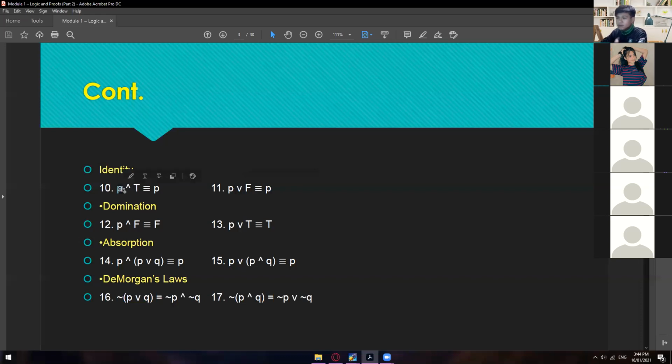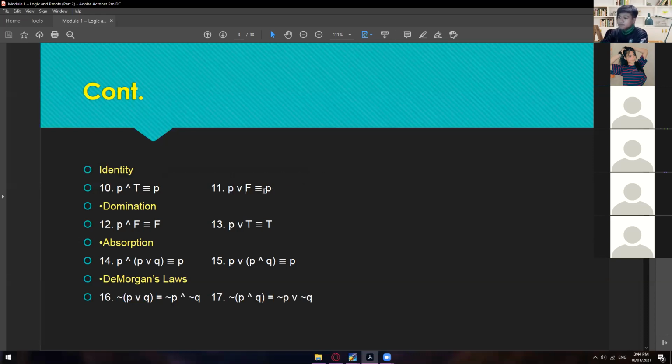So we don't know if this one is true or false yet. So if this one is true, then this one is true. If this one is false, then this one is already false. So the same with OR. If this one is true, then this one is already true. The same with false. Okay, if this one is false, then this one is already false.